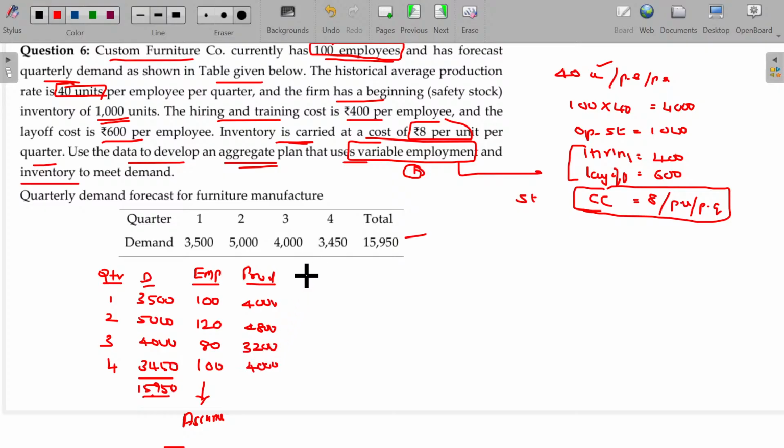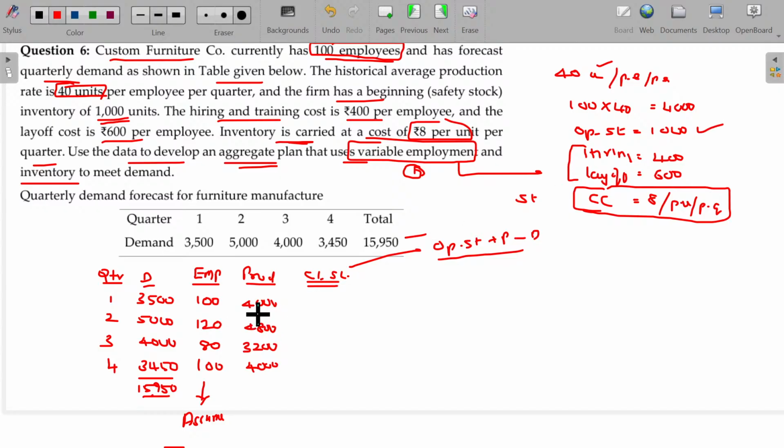What about the closing stock we have? Closing stock is nothing but opening stock plus production minus demand. Opening stock in this case being 1,000.